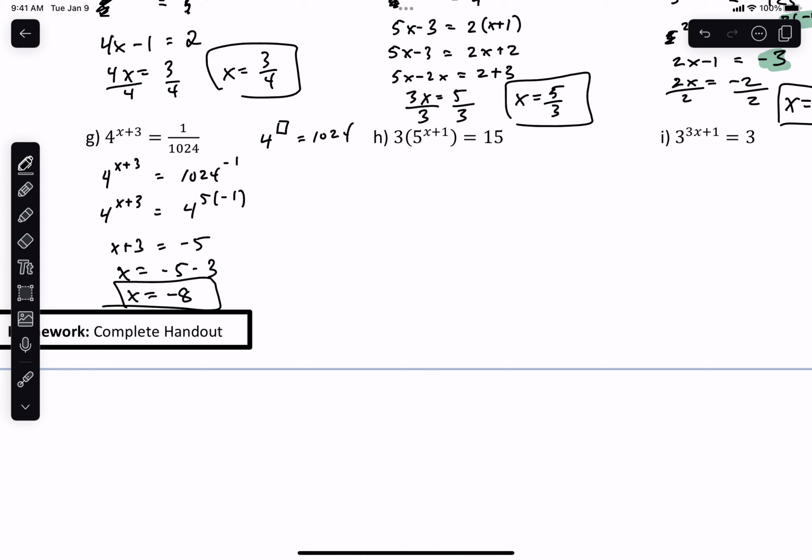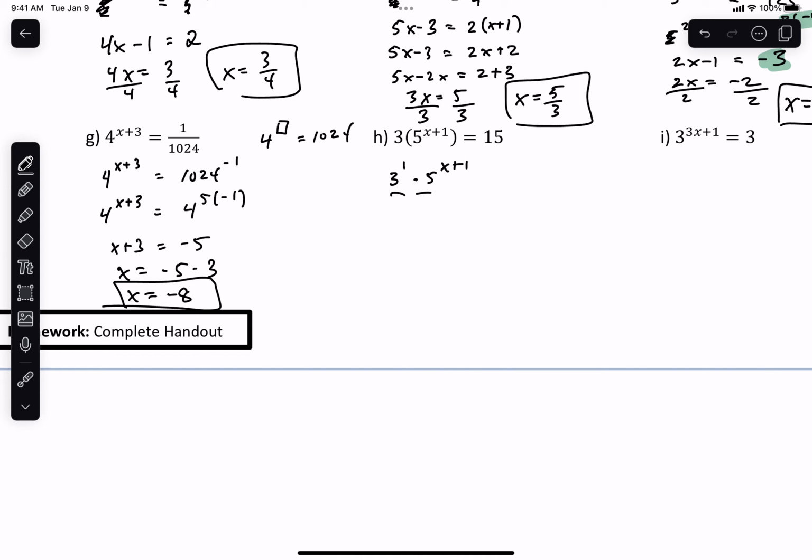Is everybody okay? Okay, next one's a little trickier. I want you to think about this for a second. You don't need to write this down. I'm just going to communicate this to you. Can I combine things that are not the same base?